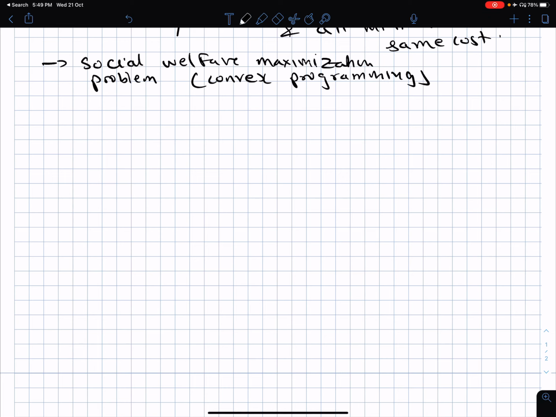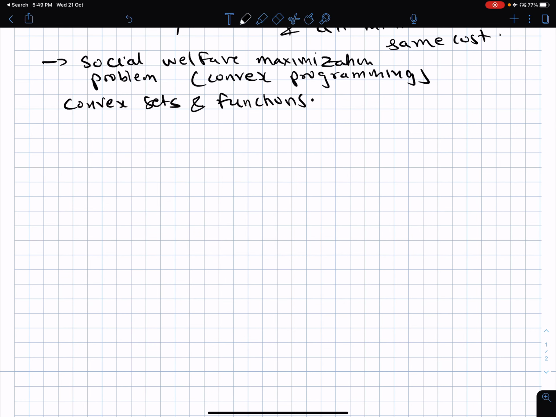But now we should actually try to define convex sets. Our first job is to define convex sets and functions. And to define convex functions, I need to first define the convex sets.